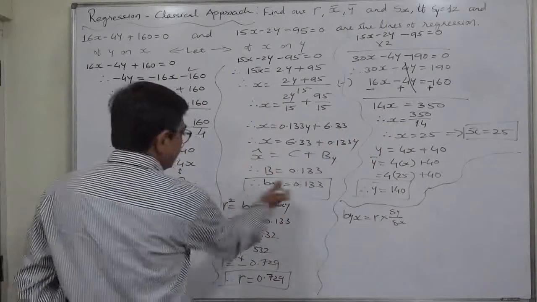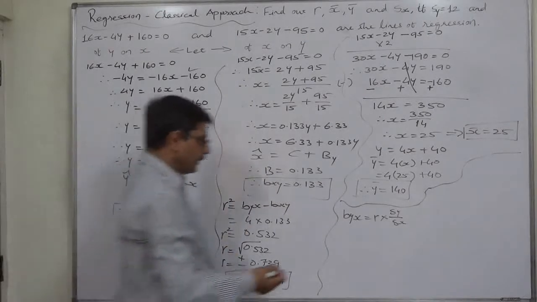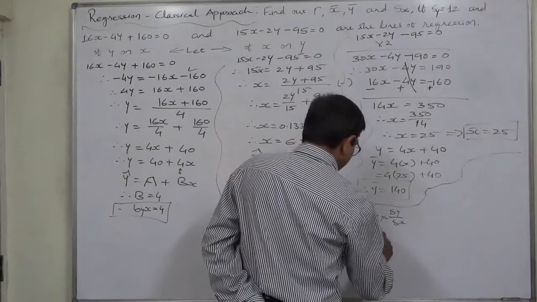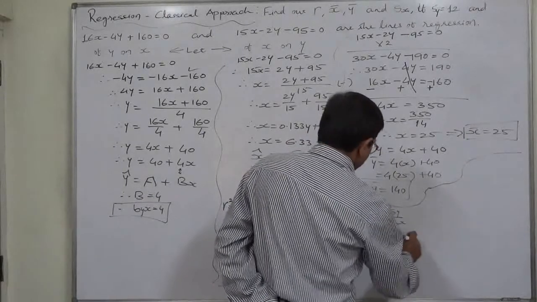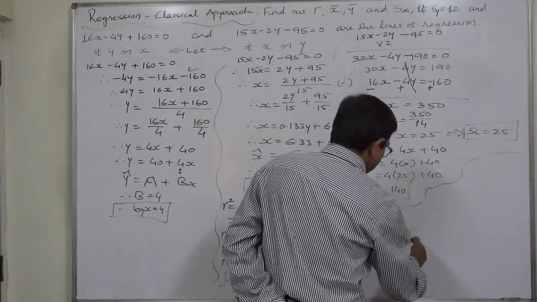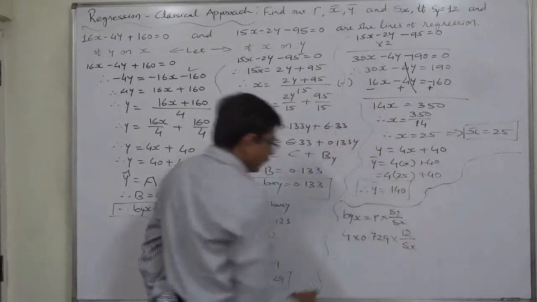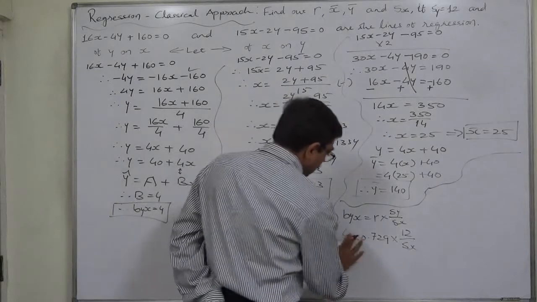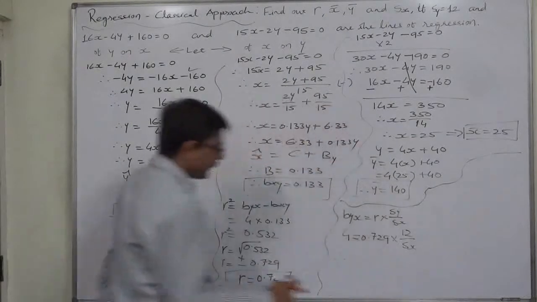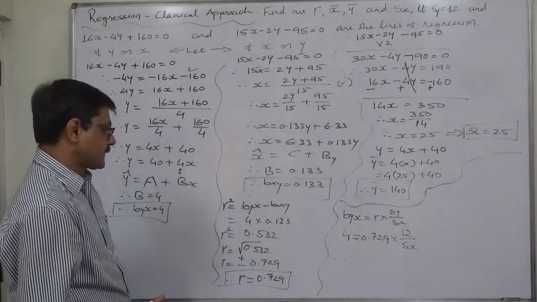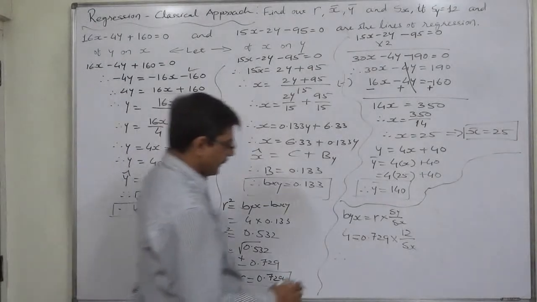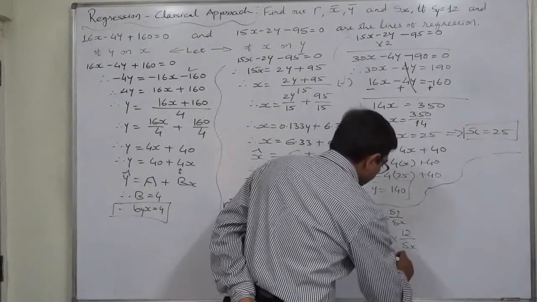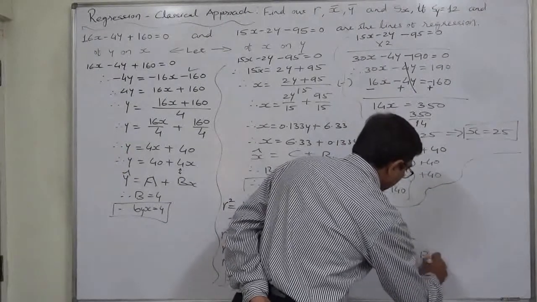Any one of these two can be used. byx is 4, the coefficient of correlation is 0.729, Sy is given to be 12, and Sx is missing. So Sx equals 0.729 into 12 by 4.